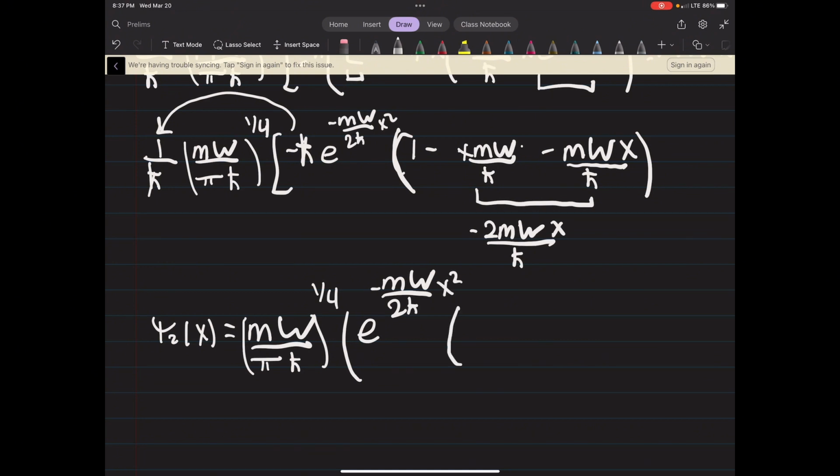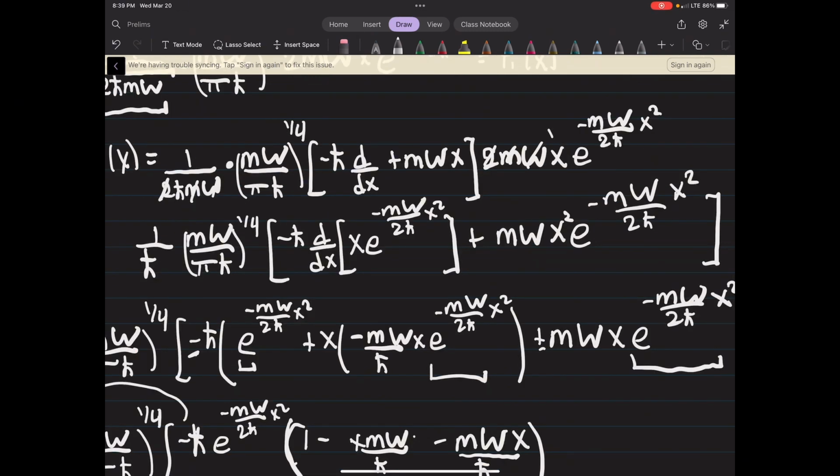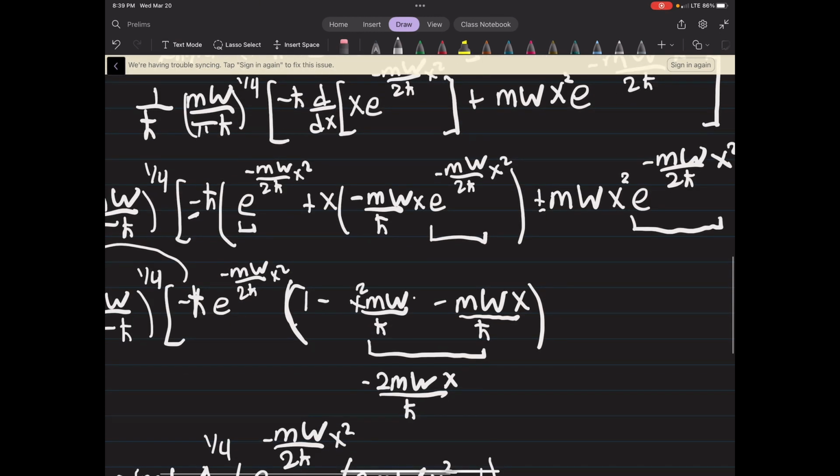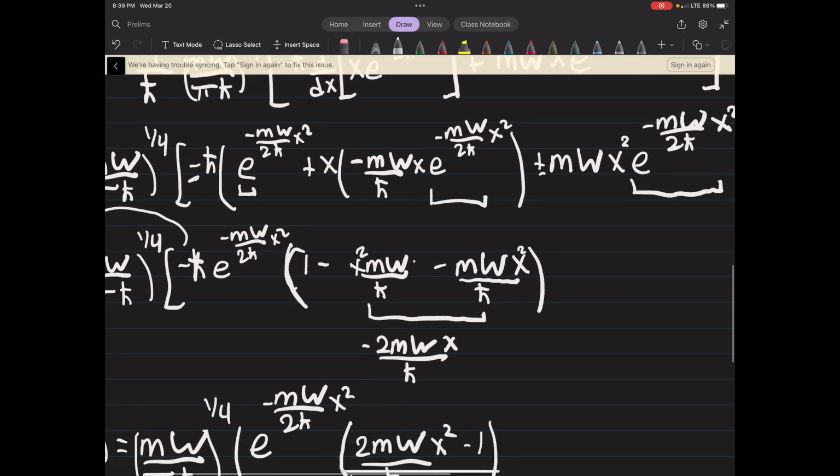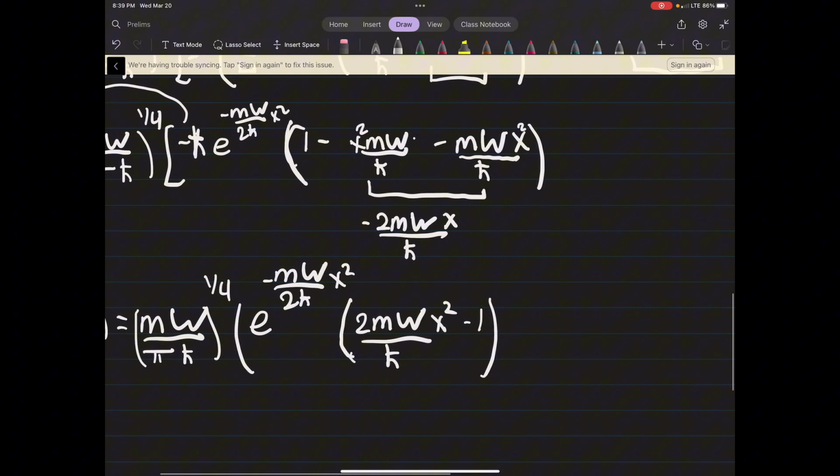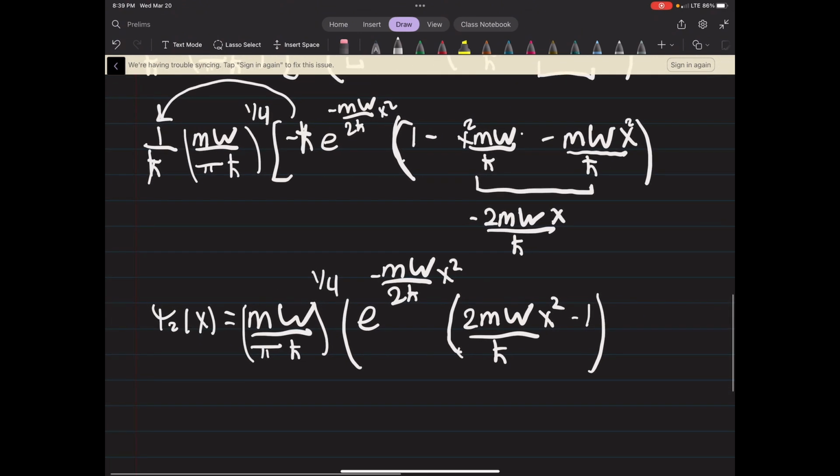Then after we distribute the negative, another little error that I missed while I was doing this is that x should be squared, of course, so that is my bad. Okay, so that should be squared minus 1, and that is psi 2 of x.